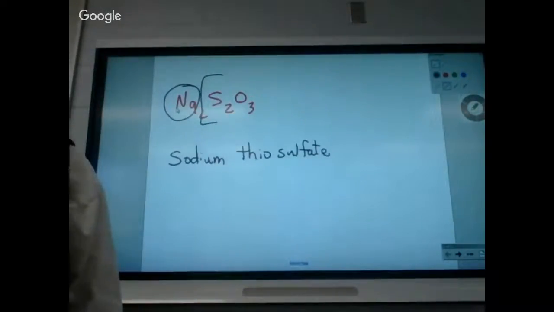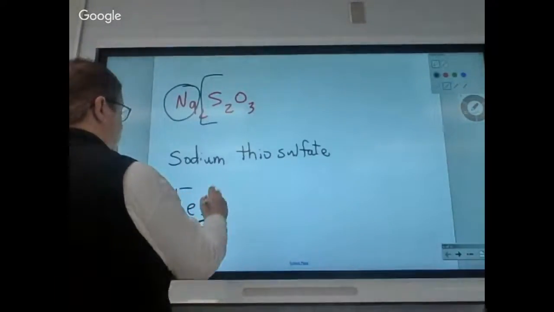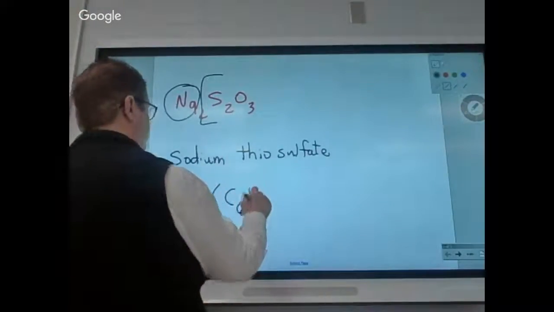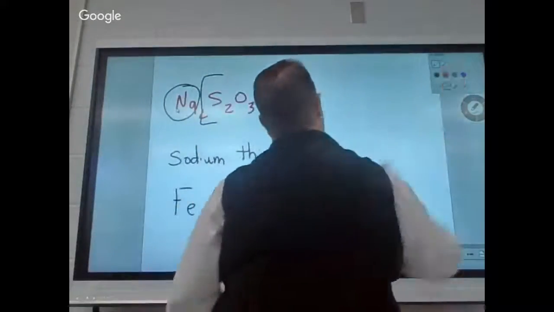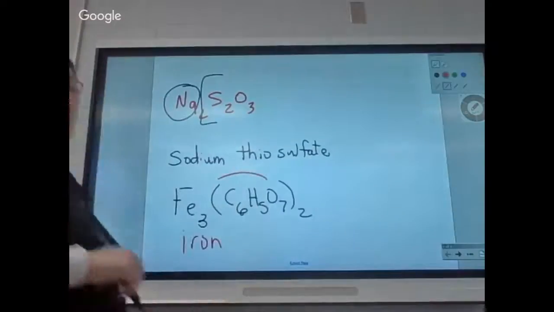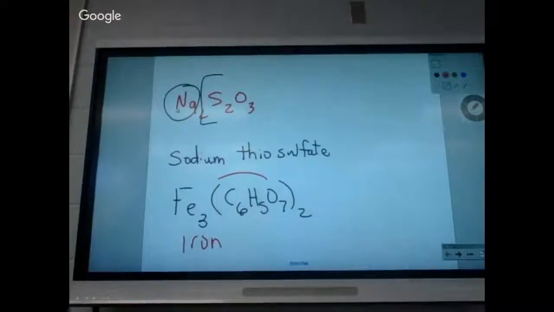Number 5 says Fe3. All right, so Fe is iron. This one's in parentheses, so it makes it a little easier. We know it's a polyatomic ion if it's in parentheses. So you're hunting for that C6H5O7. What's its name?